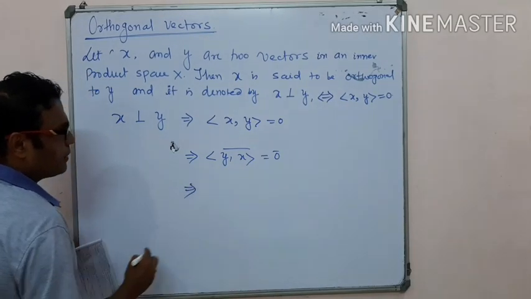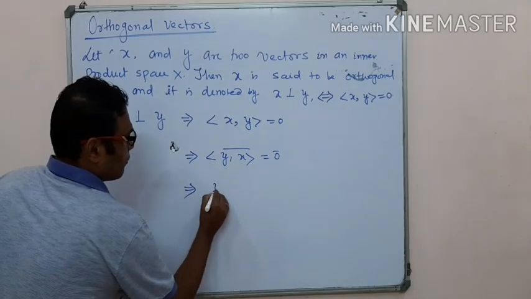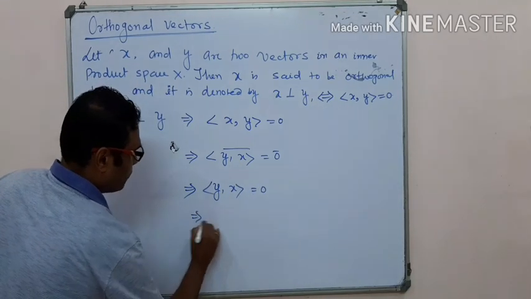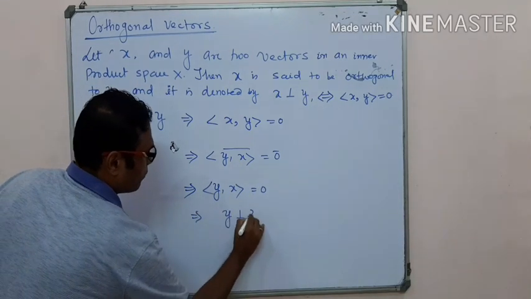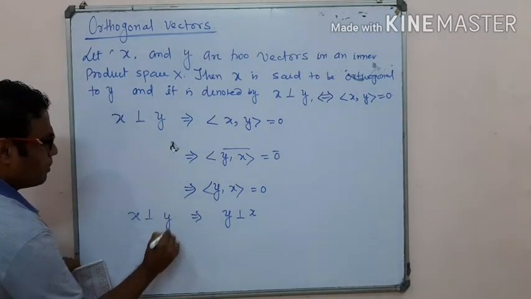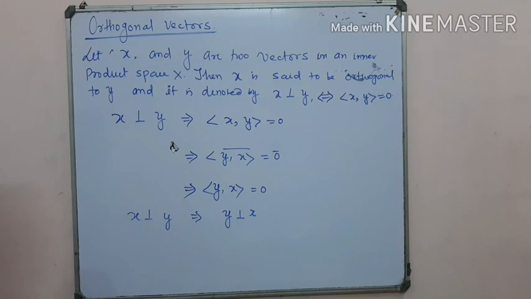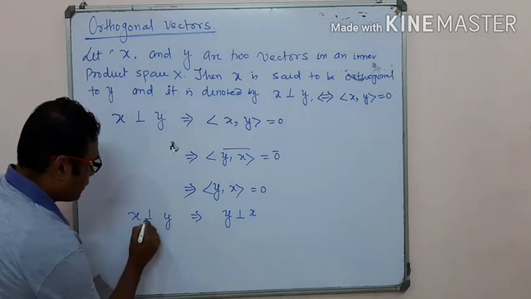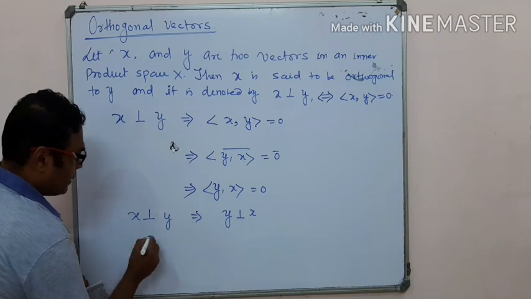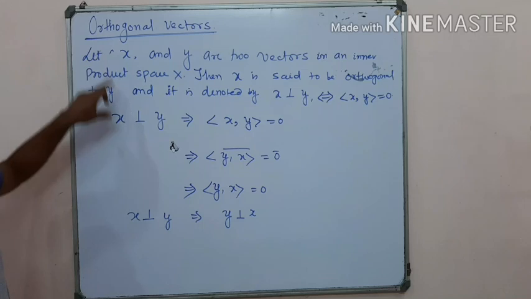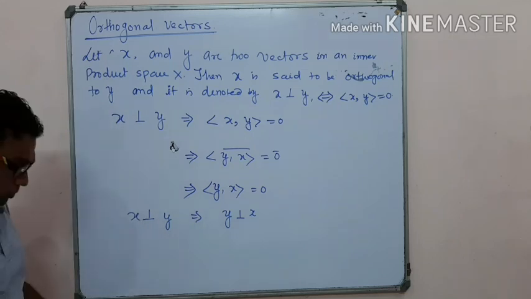Again it implies that y comma x is equal to 0, so y is perpendicular to x. So here it does not matter whether x is perpendicular to y or y is perpendicular to x. Then we say that the vectors are orthogonal.